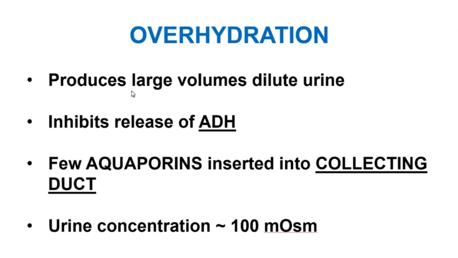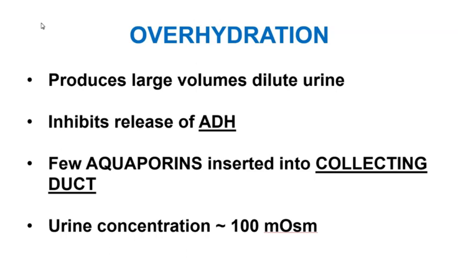Overhydration tends to inhibit the release of antidiuretic hormone, or ADH, from the posterior pituitary. So recall that ADH inserts aquaporins into the collecting ducts. If we don't have a lot of ADH circulating in our blood, we're going to have very few aquaporins being inserted into the collecting duct, which means that as filtrate is making its way out of the collecting duct, there's not going to be a lot of water pulled out of it.